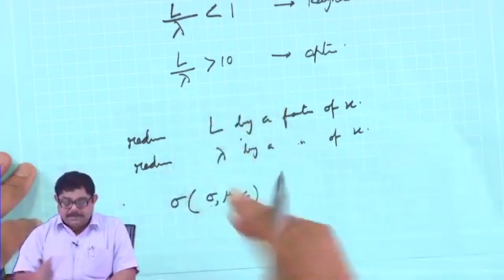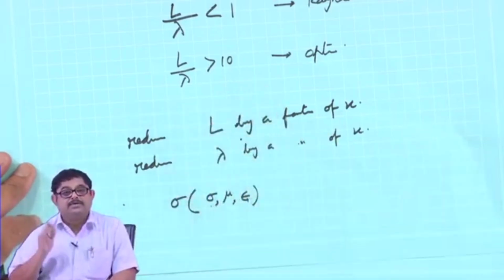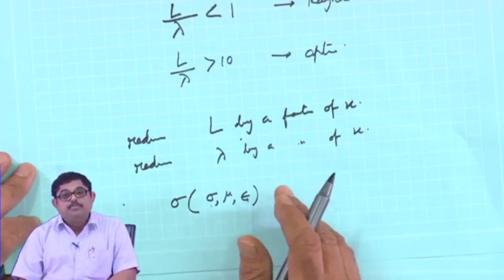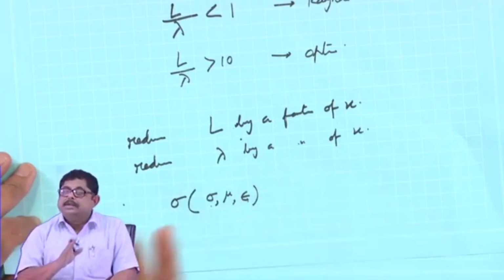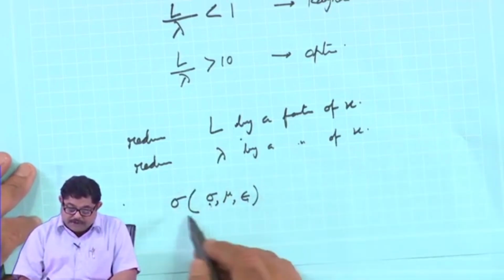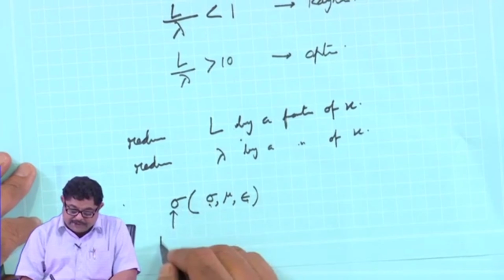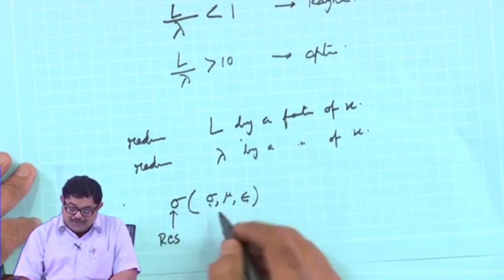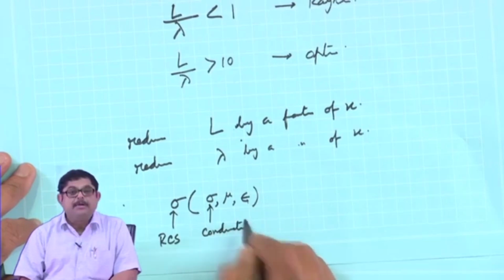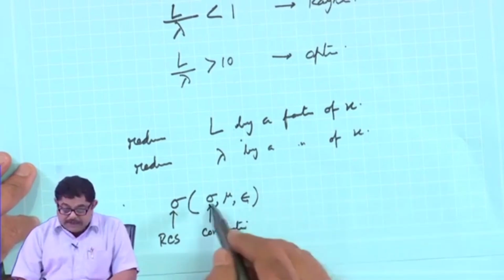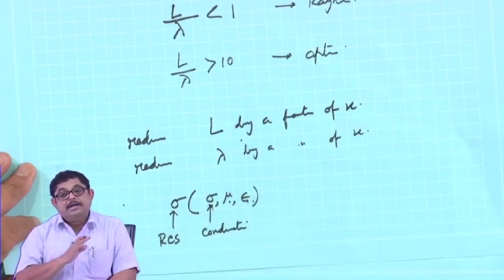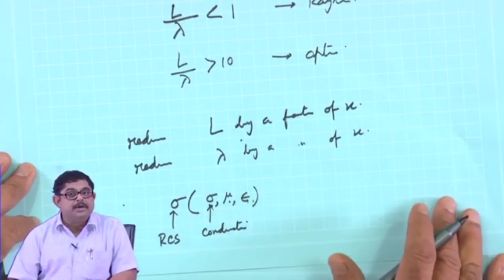For conductors, these parameters are linear functions of frequency, but for non-conductors, they are not. Please do not get confused, this is RCS, and this is the conductivity of any material. This mu and sigma are not linear functions of frequency.